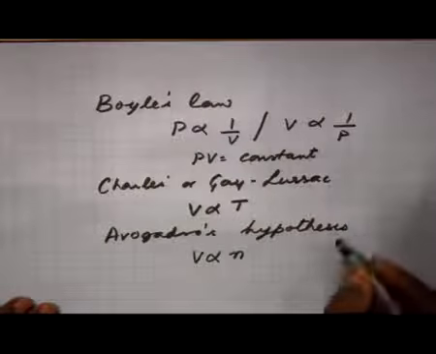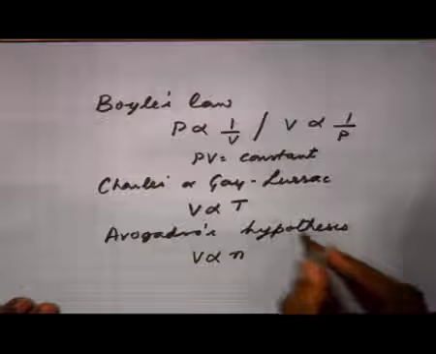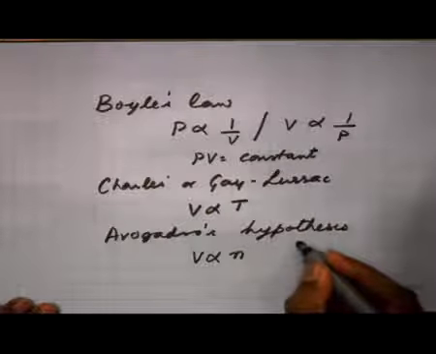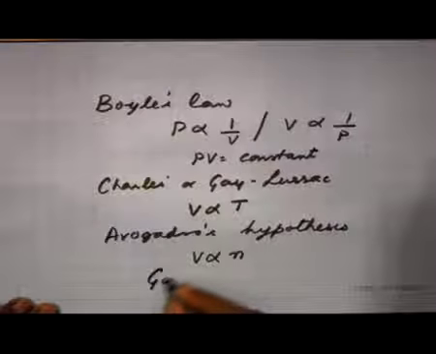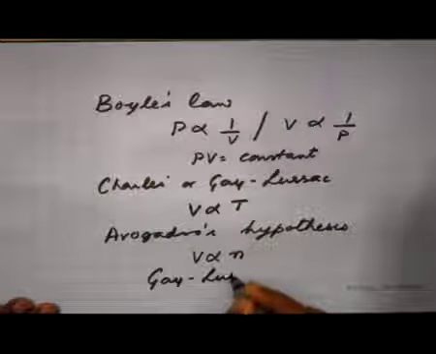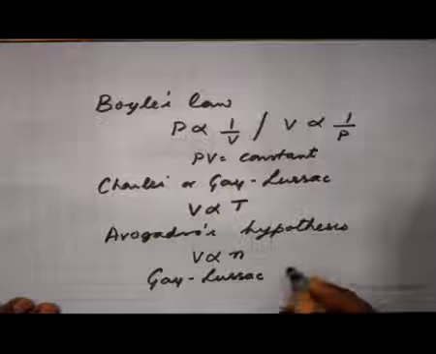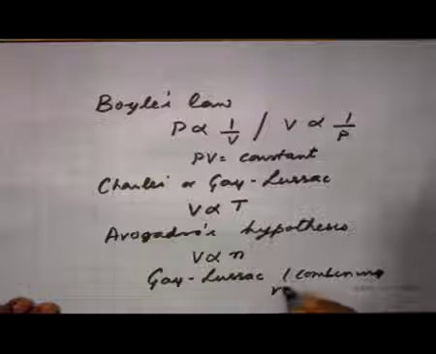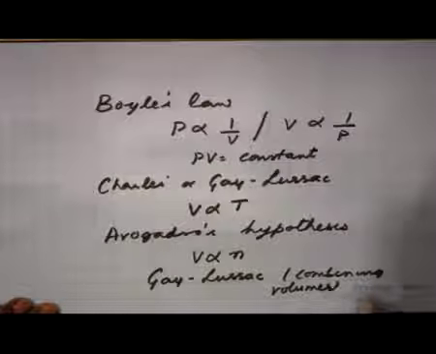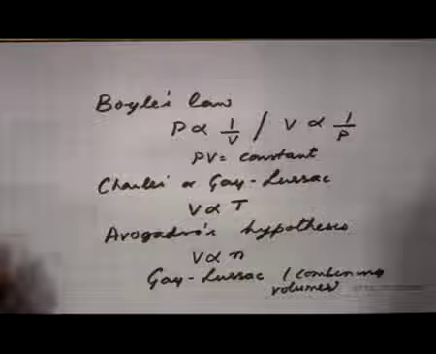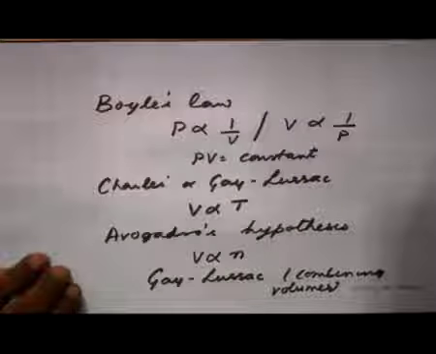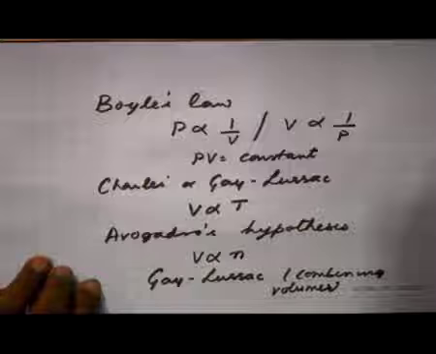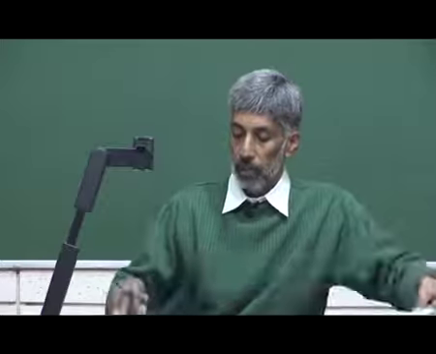Avogadro's hypothesis came about as a result of the observation of Gay-Lussac on combining volumes. So, we are now trying to assemble all these together in terms of an equation of state. Gay-Lussac's law about combining volumes is something that you would have seen in your first unit of the NCERT book.